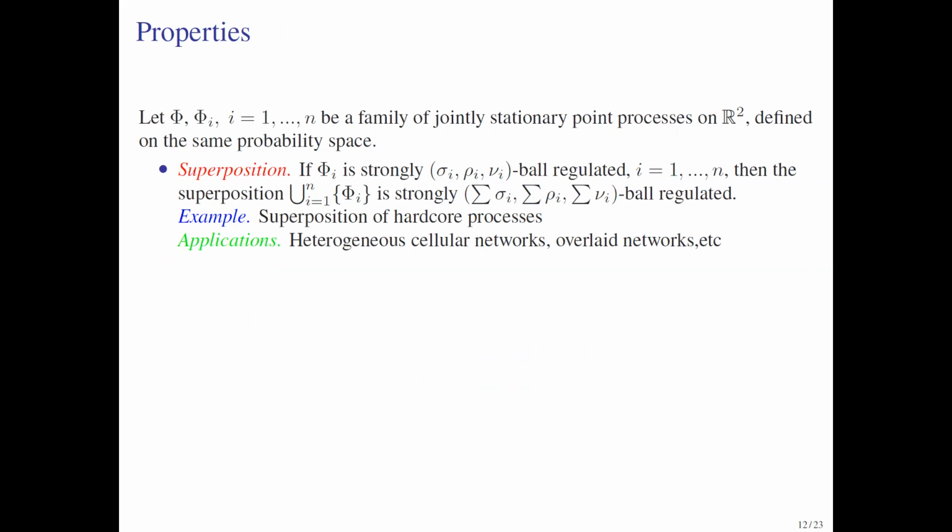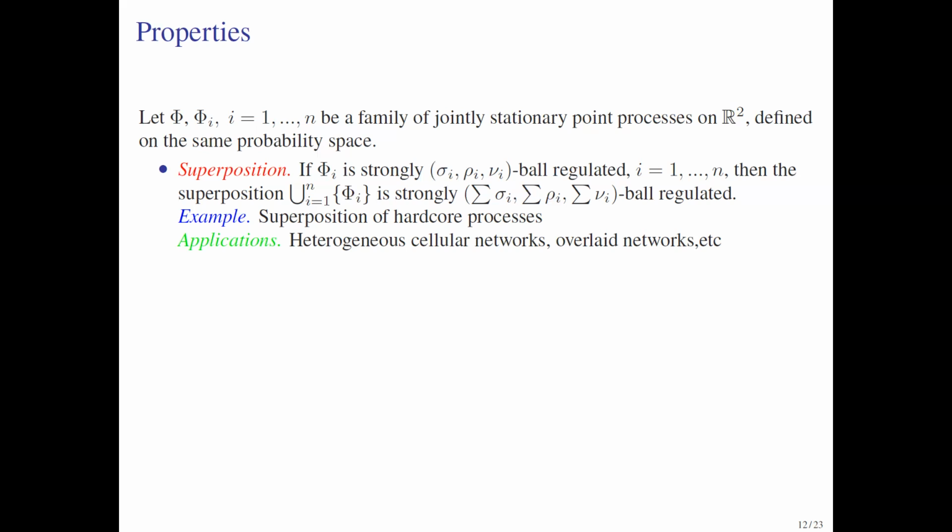It says that if I have a class of stationary point processes, and each of them is strongly sigma_i, rho_i, nu_i Bohr regulated, then their superposition is also sigma, rho, nu regulated by the sum of their parameters.